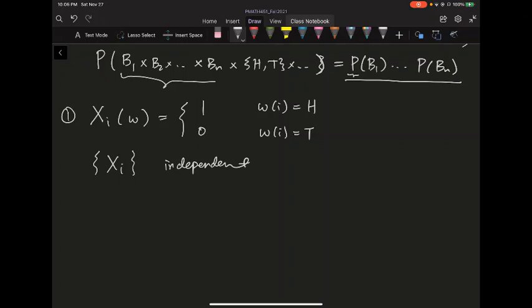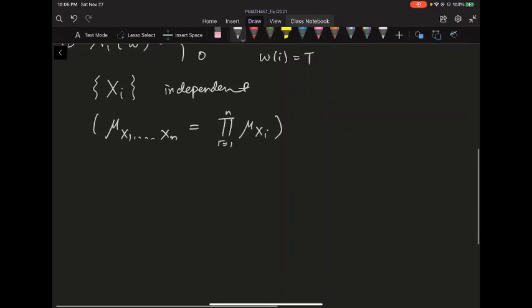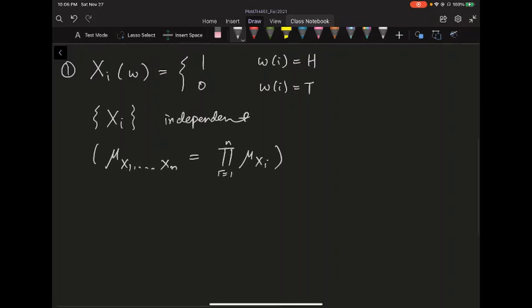You can compute, basically, if you do the mu of X_1 up to X_n, okay, you can see that's just the product of mu of X_i, i going from 1 to n. The reason is fairly simple. I'm not going to show the calculation. You can just do the calculation yourself. Okay. Well, they're independent. While it is a stochastic process, it's not a very interesting one.